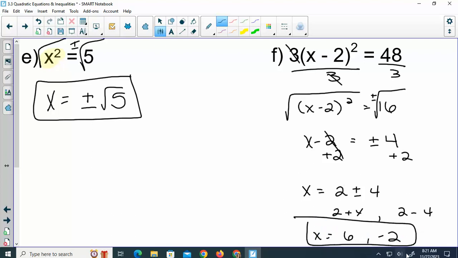So my two answers are 6 and negative 2. Right, so this one we had a couple options. We could multiply it all out and factor, or we could have done the square root method. Any questions on that one?